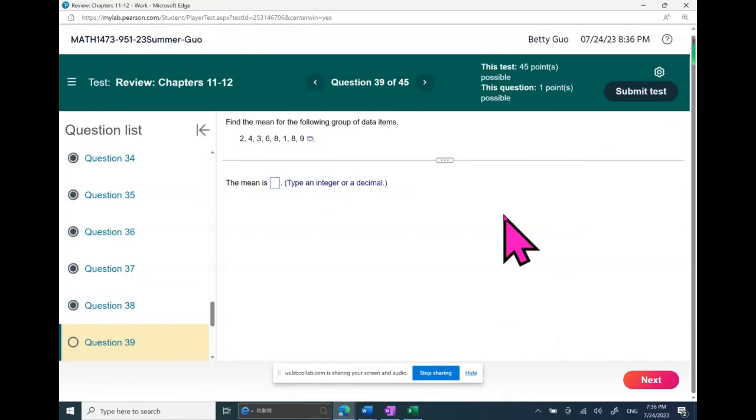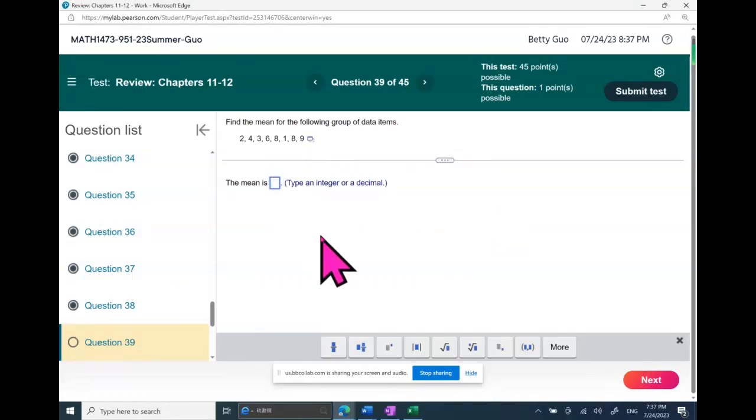So let's add 2 plus 4 plus 3 plus 6 plus 8 plus 1 plus 8 plus 9, divided by how many items we have: 1 2 3 4 5 6 7 8. That gives 5.125.